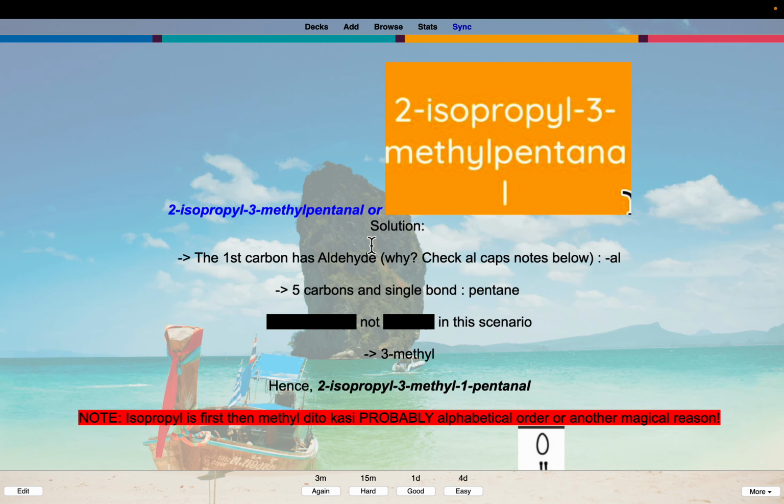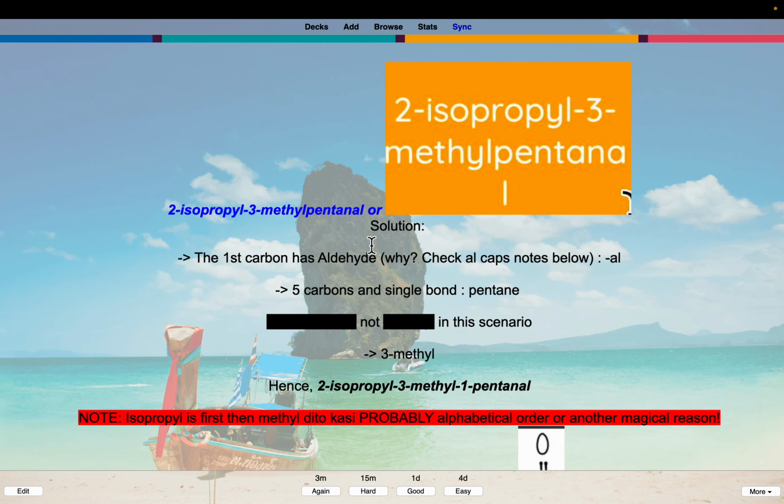The one with the suffix -anal in the end, or -al. 5 carbons and single bond, so that's pentane. 2-isopropyl, not 2-propyl in this scenario. We don't say propyl, we say isopropyl. We have 3-methyl, so 2-isopropyl, 3-methyl, 1-pentanal. Because the aldehyde is located here in the first carbon. It's attached to the first carbon.